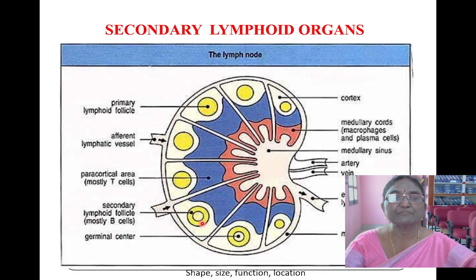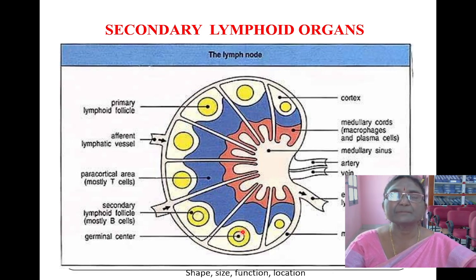Inside it, another rounded structure is known as the secondary lymphoid follicle. Inside that is a small rounded center, the germinal center, which is the site for multiplication of lymphoid cells.